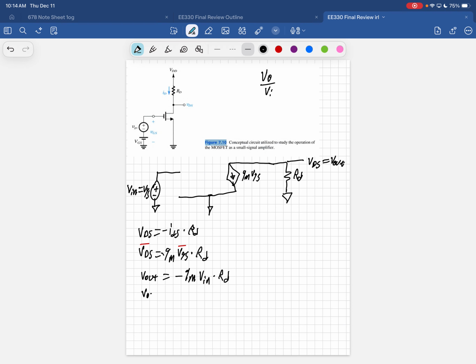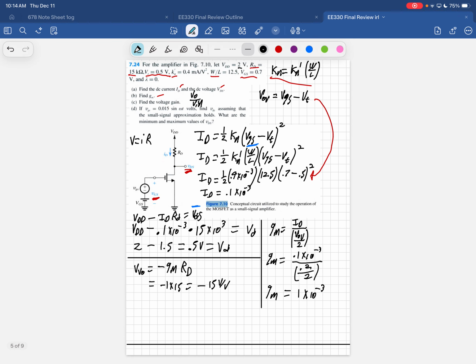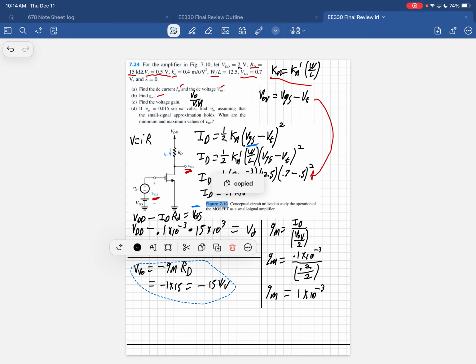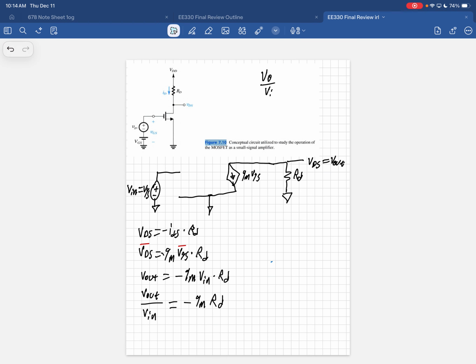So V out divided by V in equals minus GM RD, which, if we go back to the other page, is right there. So I'm just going to copy that over here so we can reference it on the same page.